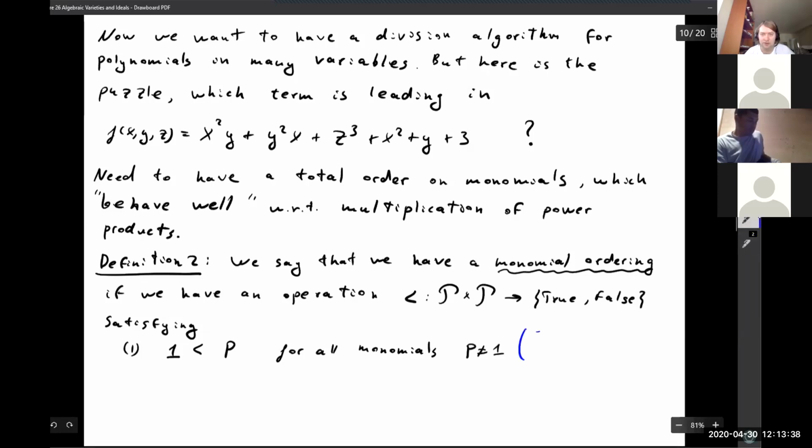So here, of course, we want to say that 1 is a subleading term to x, and 1 is a subleading term to y squared x, etc. So basically every non-trivial monomial.